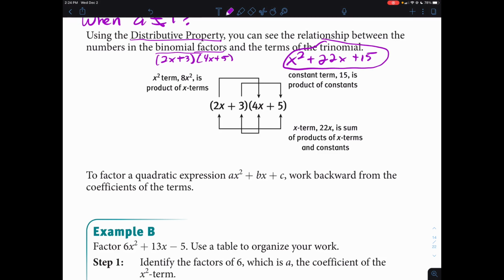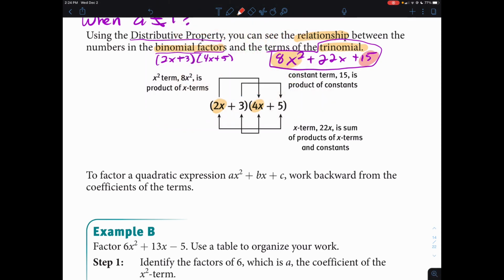And it says you can see the relationship between the binomial factors and the resulting trinomial. Okay, so we can see that the x, I messed up, didn't I? That should have an 8 on it. Okay, so the x squared came from the product of the 2x and the 4x, right?